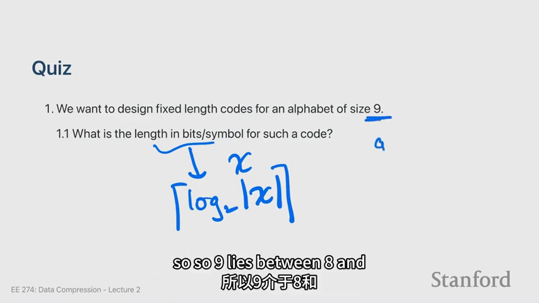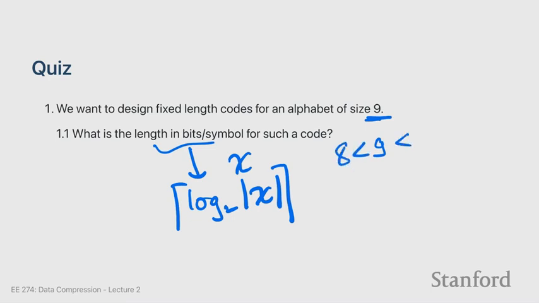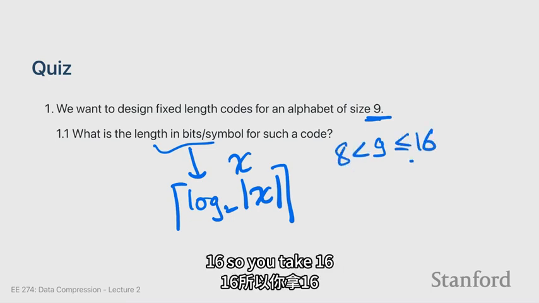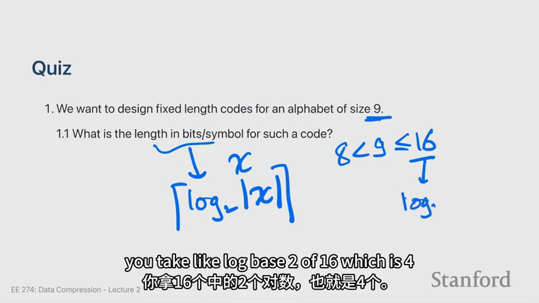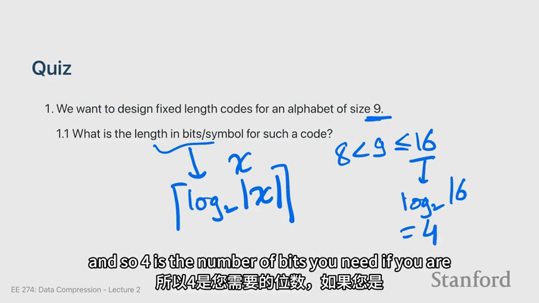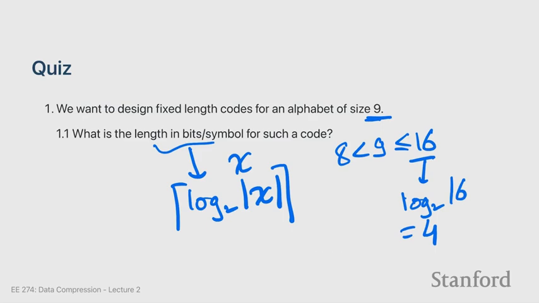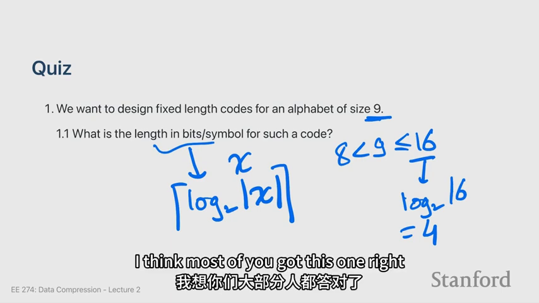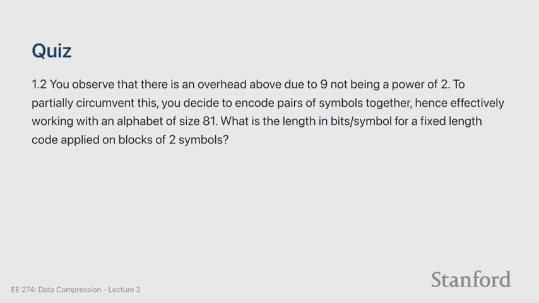So 9 lies between 8 and 16. So you take 16, log base 2 of 16, which is 4. And so 4 is the number of bits you need if you are going to represent this in a fixed length code. Is everybody okay with that? I think most of you got this one right, so that's good.